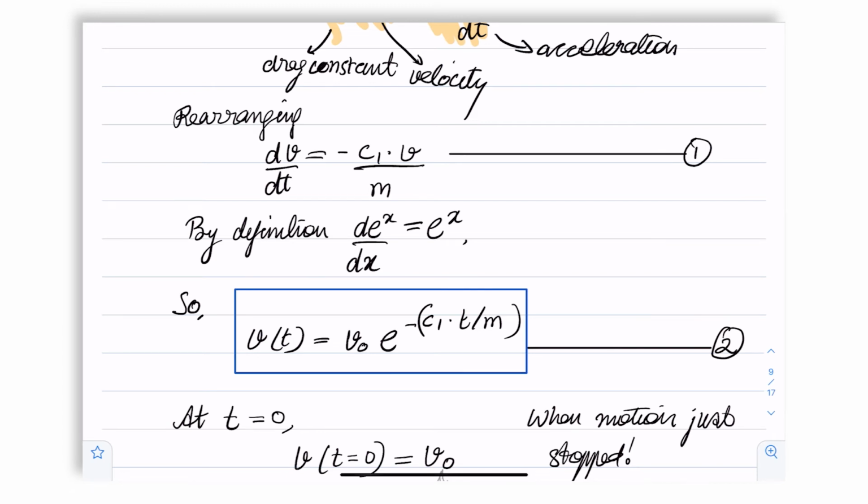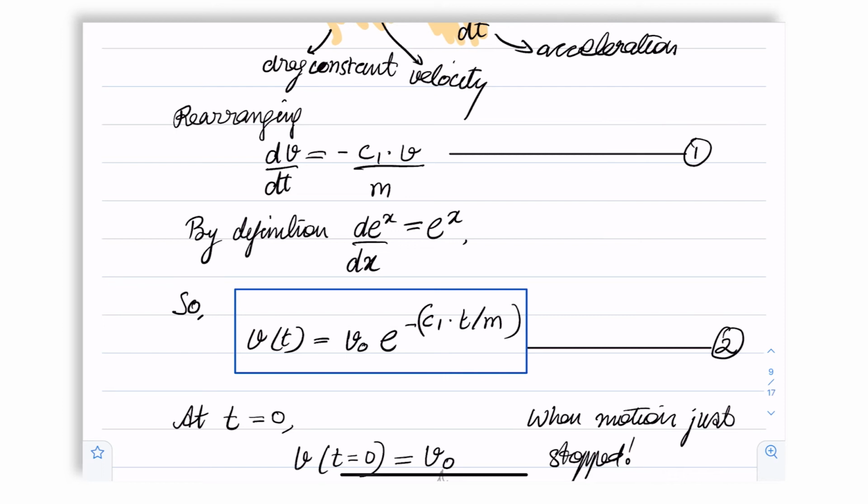By definition, d e to the power x by dx is equal to e to the power x, and we can use this to integrate the dv by dt equation 1 to arrive at v of t is equal to v naught e to the power minus c1 t by m.